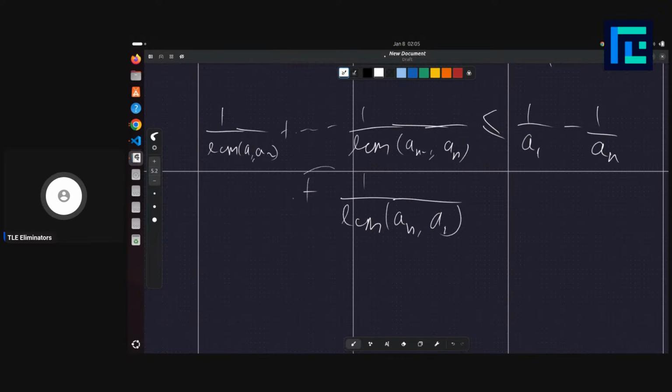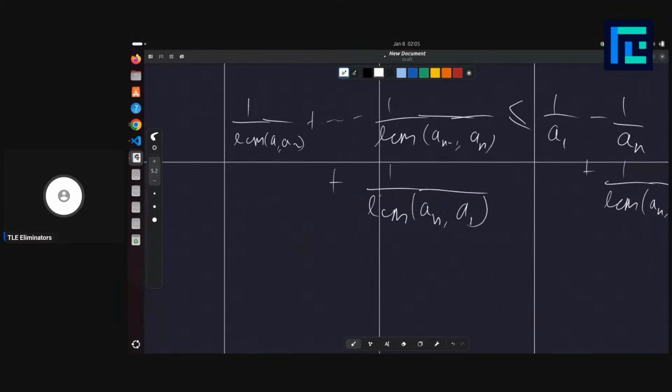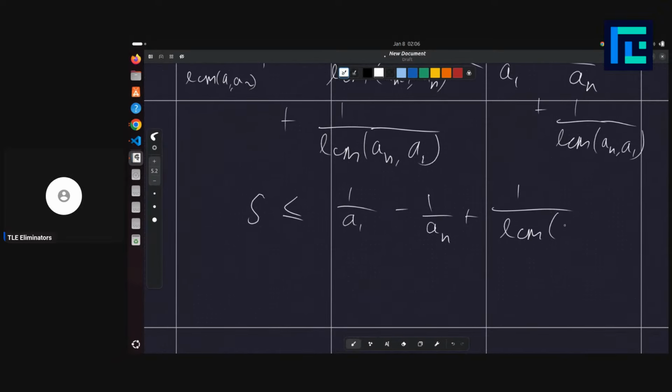So if I add it on the LHS, I'll add it on the right hand side as well. Basically, if I call this sum s, then I have proven that s is less than or equal to 1 upon a1 minus 1 upon an plus 1 upon LCM of an comma a1.